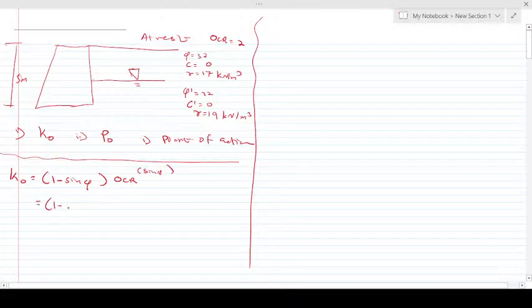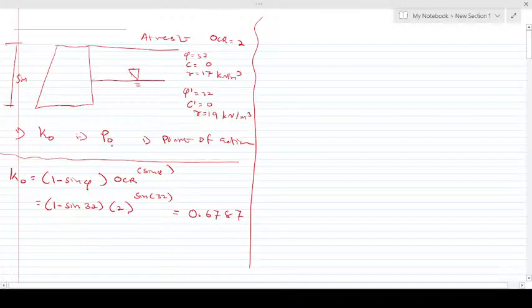So we have 1 minus sine 32, then our OCR is 2, to the power sine 32. Computing this, we have 0.6787. So we've succeeded in finding our K naught.